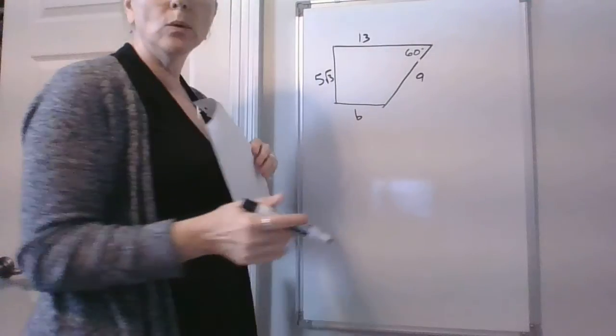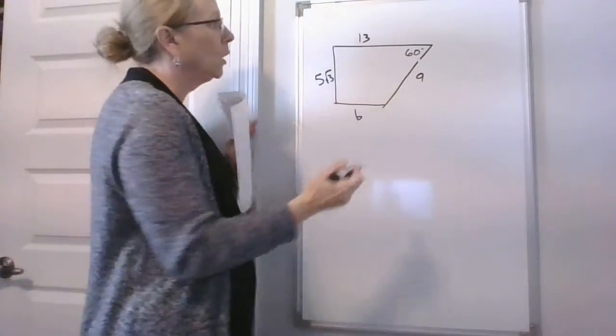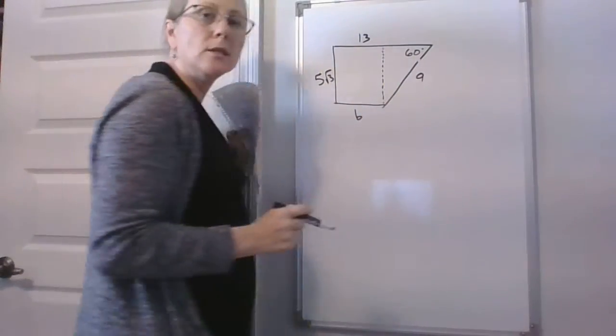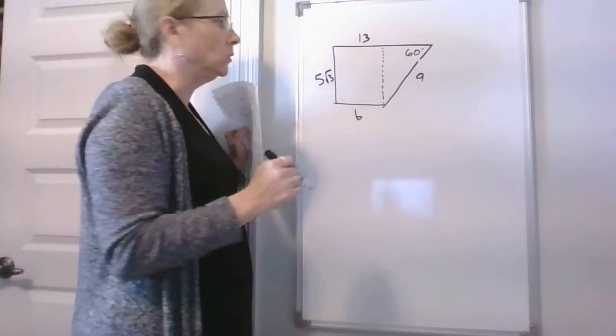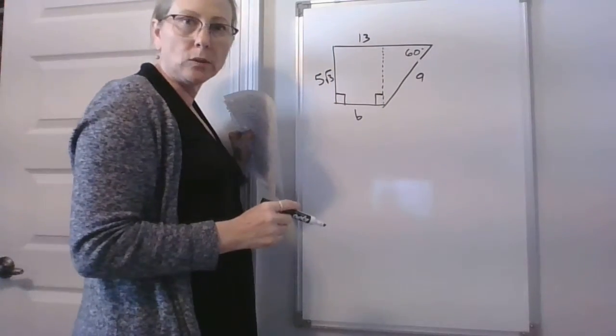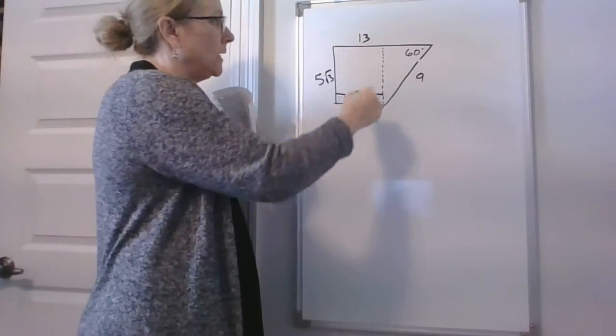All right, so if you have this, what you can do is drop a perpendicular line down. These are now both right angles. So we have a rectangle.